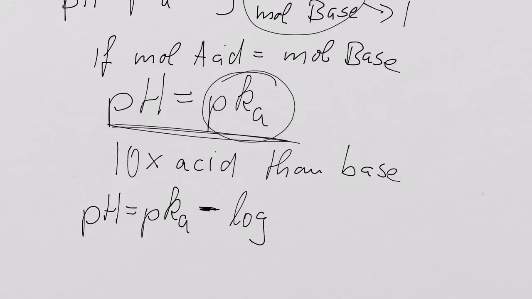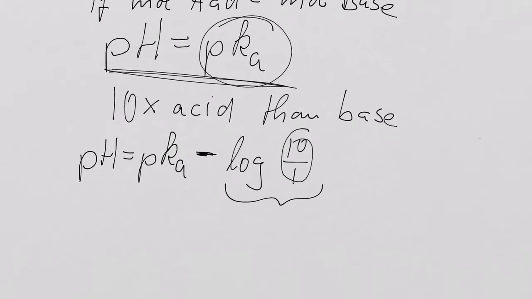Okay, let's have a look. We now have log 10 over 1, basically. Log 10 over 1, that's 10. Log 10 is 1. So now the pH is pKa minus 1.